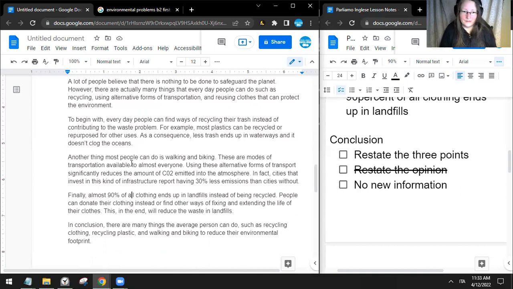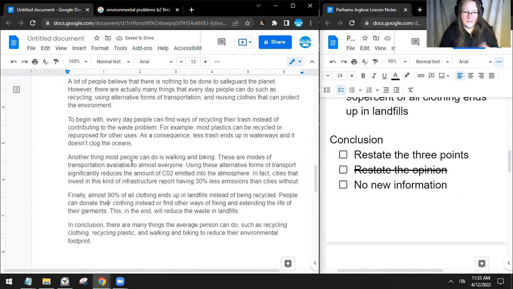In fact, almost 90% of all clothing ends up in landfill instead of being recycled. People can donate their clothing instead, or find ways of fixing and extending the life of their garments.